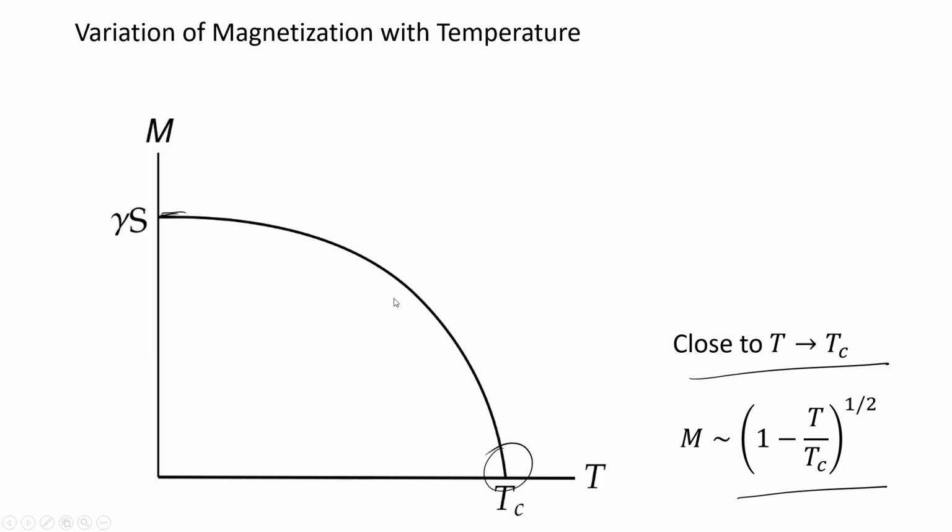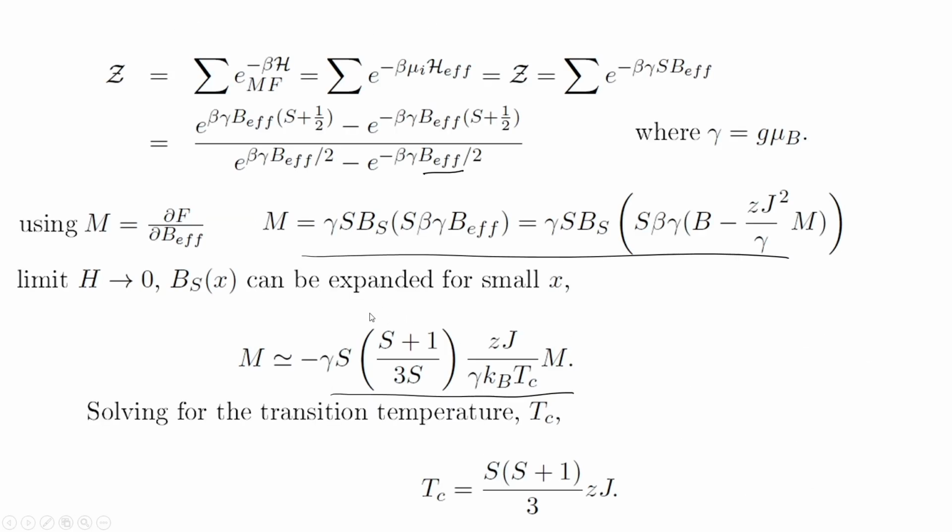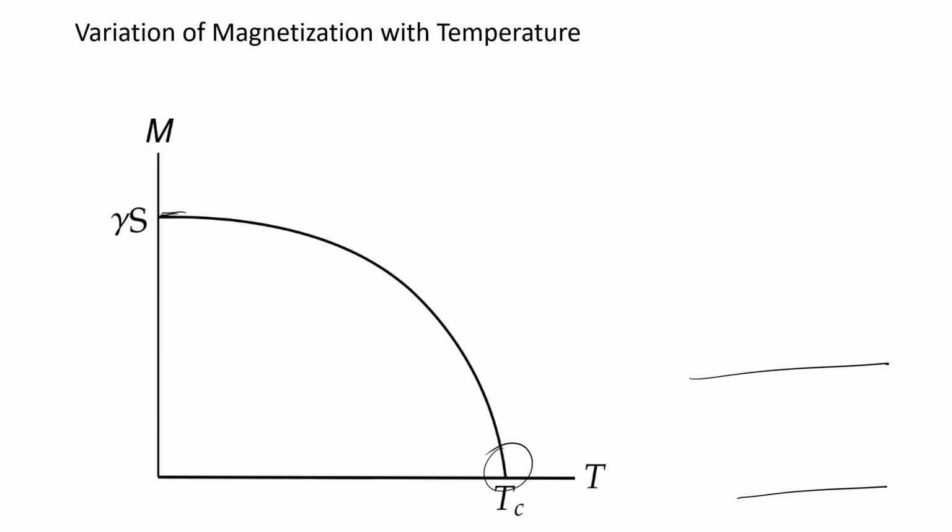And at T equal to 0, it has a value which is gamma S, and all these things are mentioned here, where gamma is equal to g, the Landé factor, into the Bohr magneton. So, that is all what we do for magnetism.